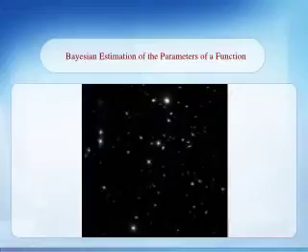Section 10.7. In the case of the Bayesian approach, we assume a Gaussian prior, p(w) = N(m₀, S₀).